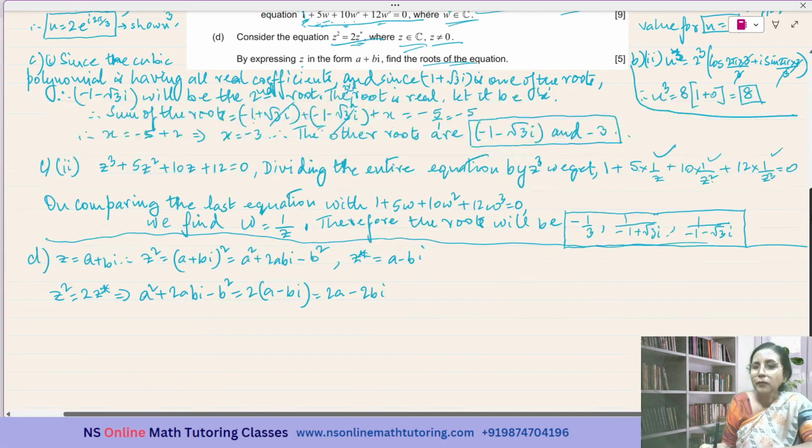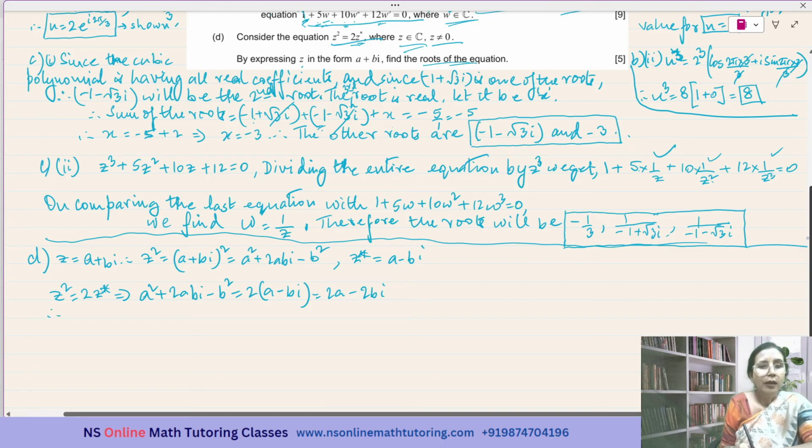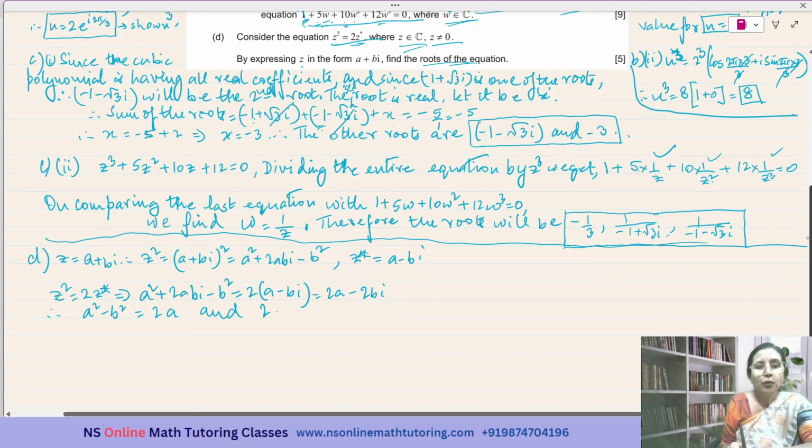Now I will be equating the real and the imaginary parts. Therefore, a square minus b square should be equal to 2a, and 2ab should be equal to negative 2b.